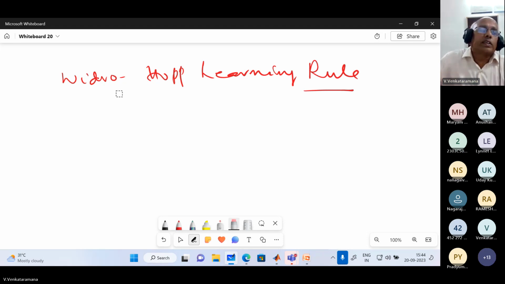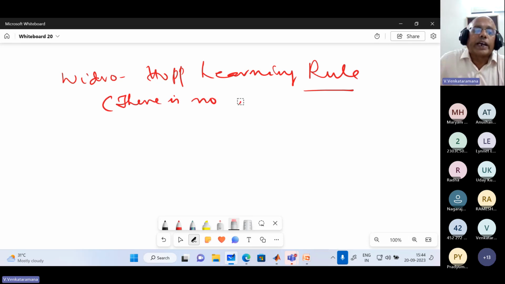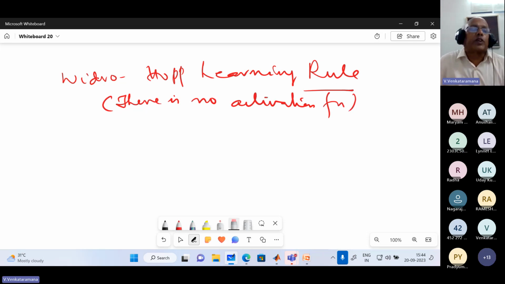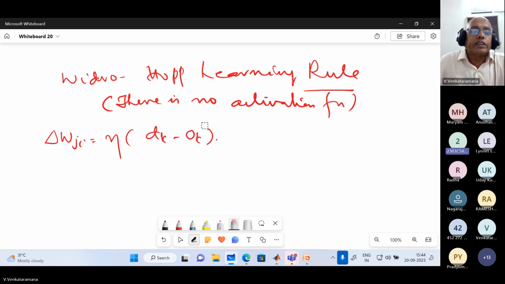In this one, there is no activation function at all. In perceptron, it is a linear thing. In the delta rule, we have considered a continuous activation function. In Widrow-Hoff, there is no activation function. Then when there is no activation function, what you will get? As you have seen, the change in the weight expression, delta wij, is equal to eta into (dk minus ok), this whole into input x.